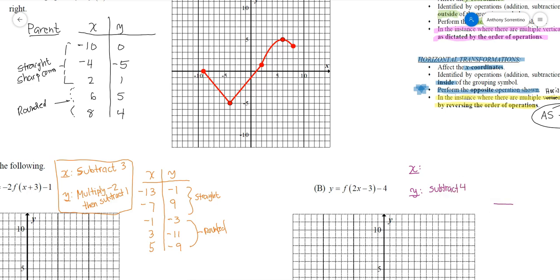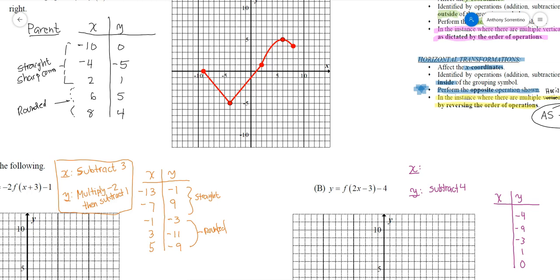So if I start making a table, and I subtract 4 from all the y coordinates in the parent, I'm going to have -4, -9, -3, 1, and 0.